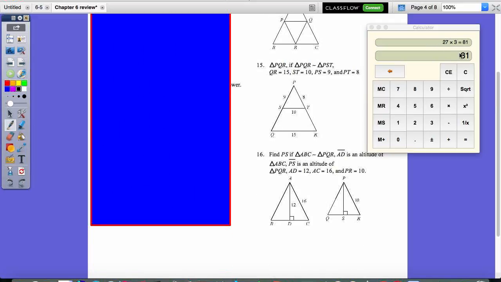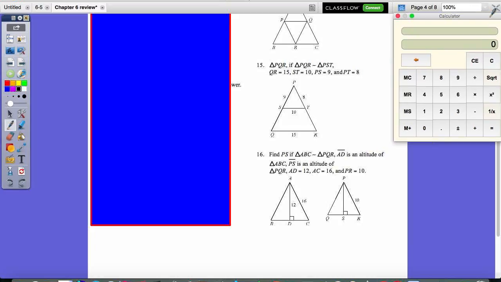Number 16. Find PS if ABC is similar to PQR and AD is an altitude of ABC and PS is an altitude of PQR. And I'm told AD is 12, AC is 16. I want to find this altitude. So 12, the altitude of the triangle on the left, corresponds to x, the altitude of the triangle on the right.